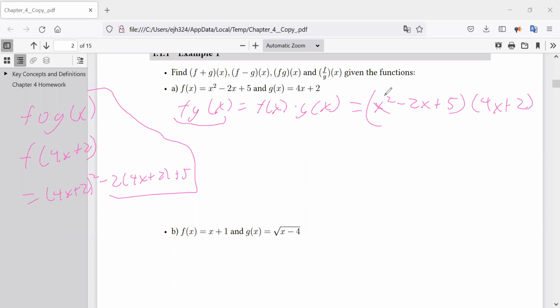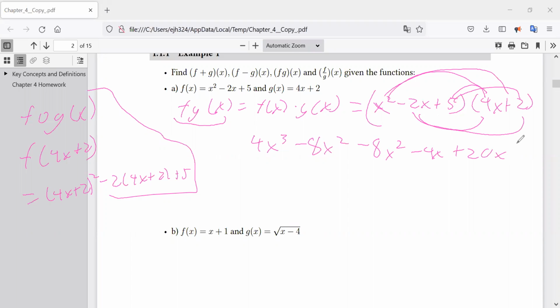So this right here we distribute. So we get 4x cubed minus 8x squared, minus 8x squared again, minus 4x plus 20x plus 10.